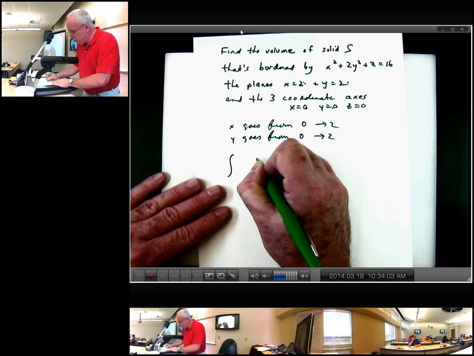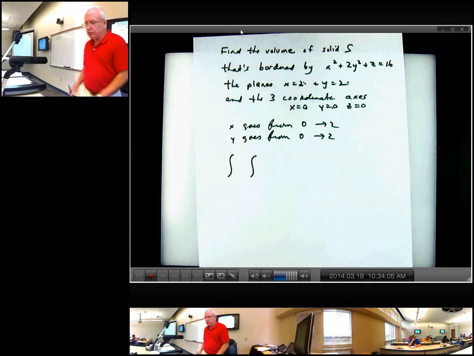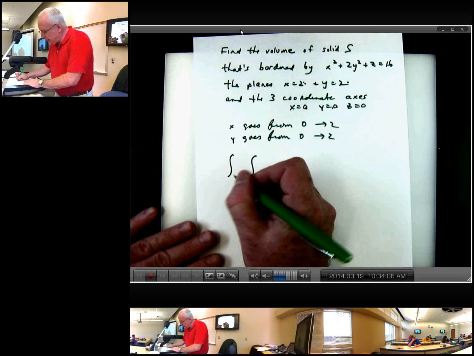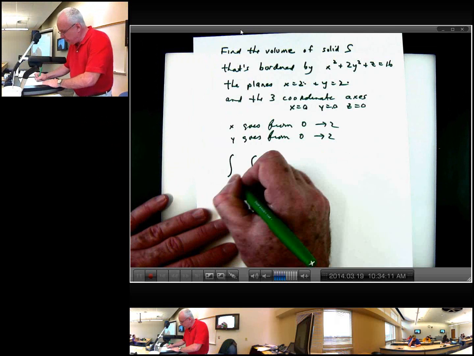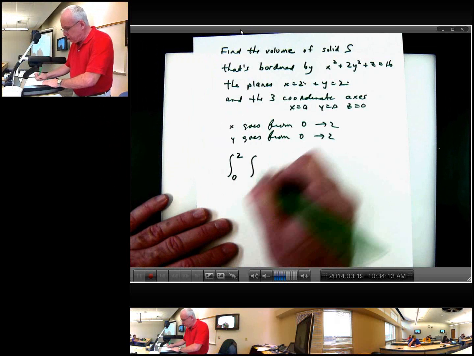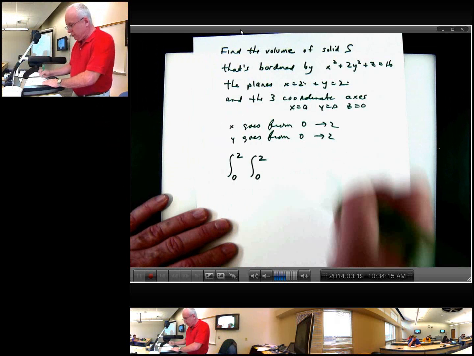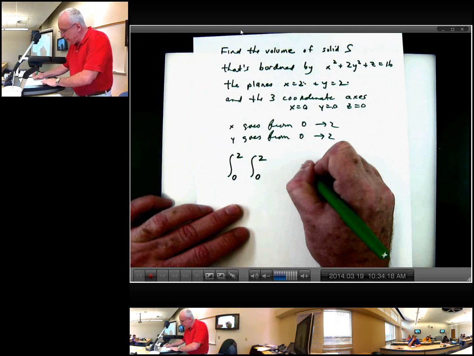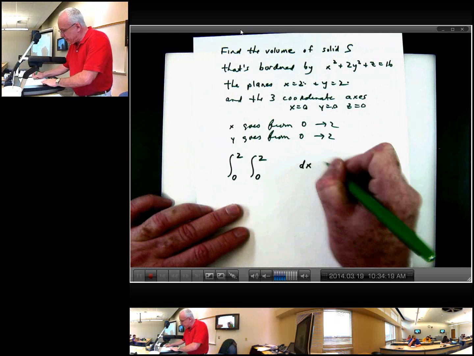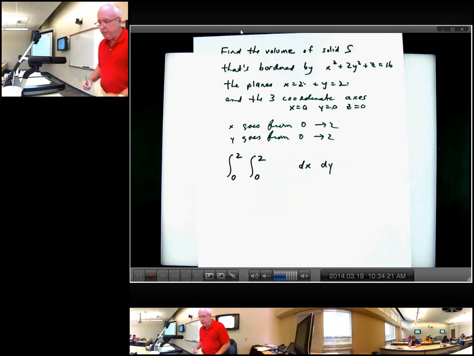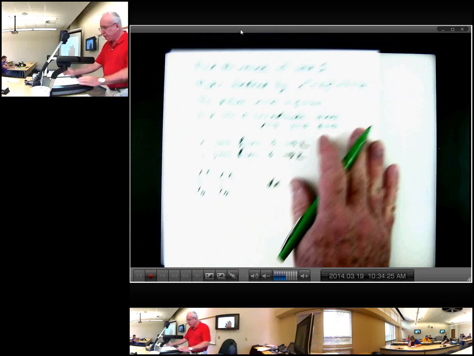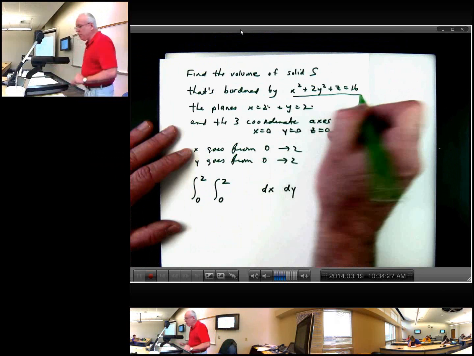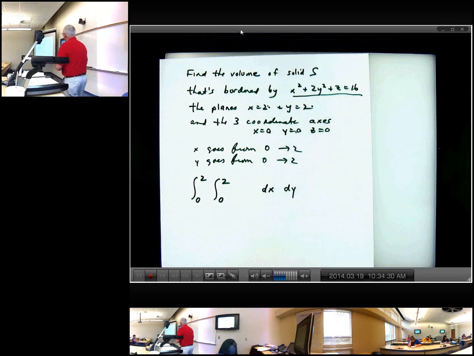So let's start putting down some integrals here. It doesn't matter in this case, we can go either way. I'm going to start with y going from 0 to 2, then x going from 0 to 2. So my inside is going to be x, my outside is going to be y, and then I put my function here. The function I'm given in the problem is x squared plus 2y squared plus z equals 16.